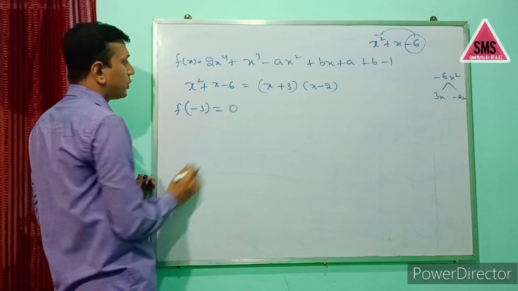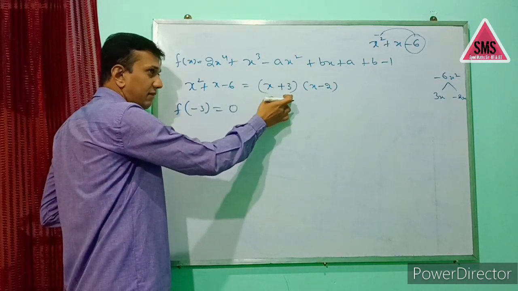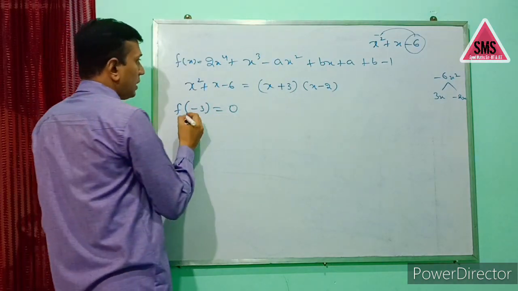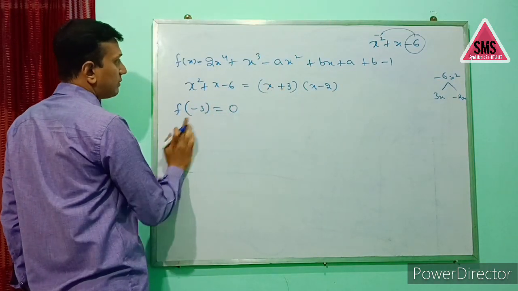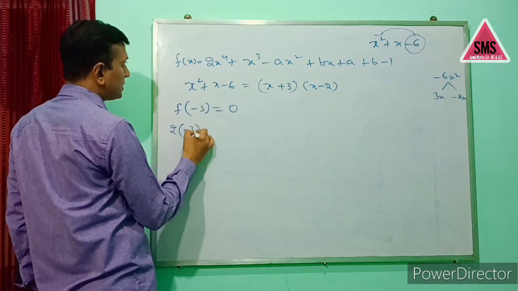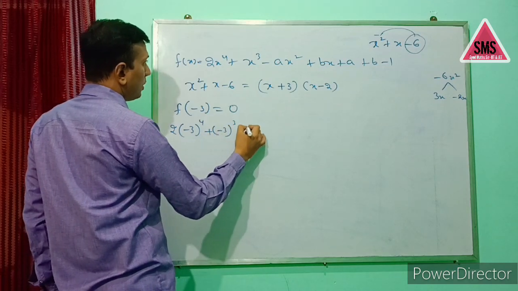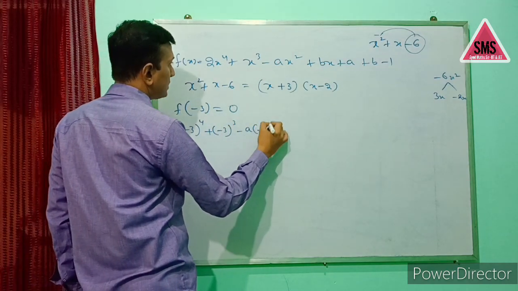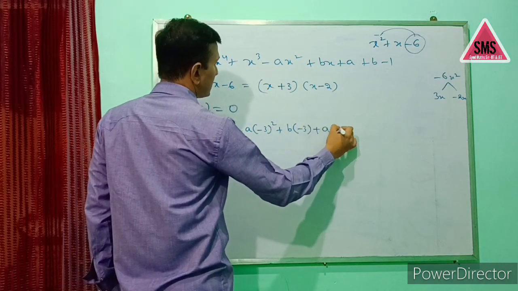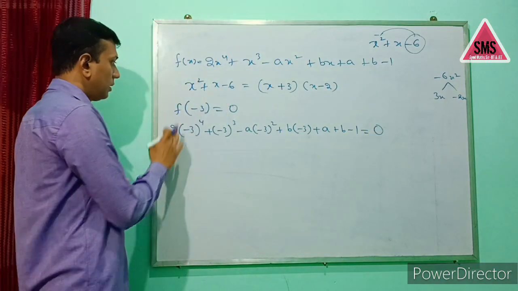F of minus 3 is going to be 0 because it is a factor. This is the condition f of k is 0. Now I substitute x equals minus 3: 2 into minus 3 whole power 4, minus 3 whole cube, a into minus 3 whole square, b into minus 3, plus a plus b minus 1, equated to 0.